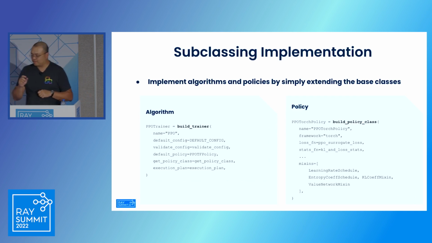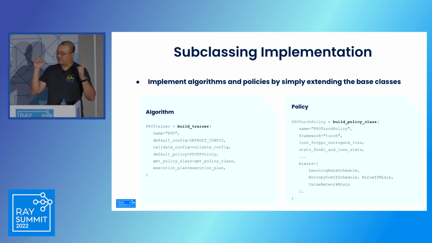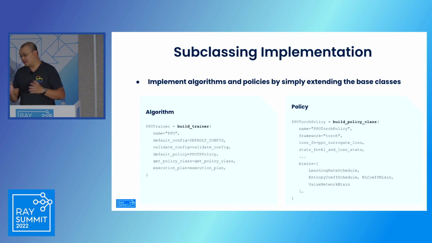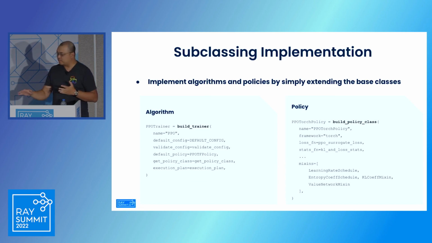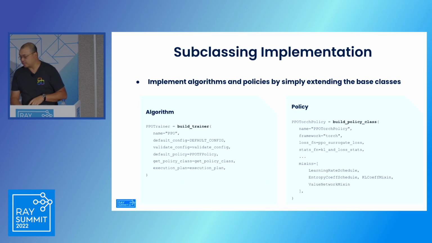For this build policy thing, we used to have these parameters like before init, before loss init, after init, after loss init. That looks crazy, totally weird. So, also based on user feedback, we thought let's get rid of that, and we should just use simple Python inheritance to implement all these classes.